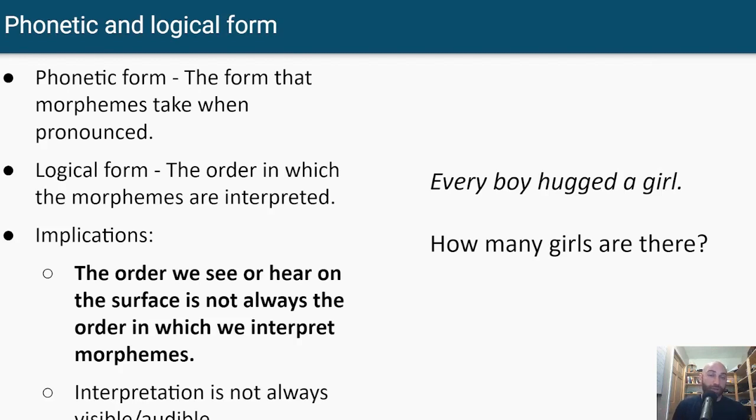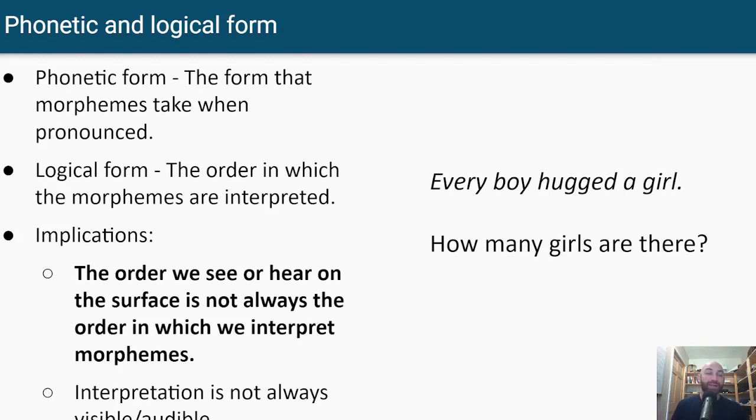This is an empirical fact. I mean, it's just not deniable that humans, native speakers of English, can understand this sentence in those two distinct ways. And it's also true that in both cases, we pronounce the sentence in the exact same way. Every boy hugged a girl.